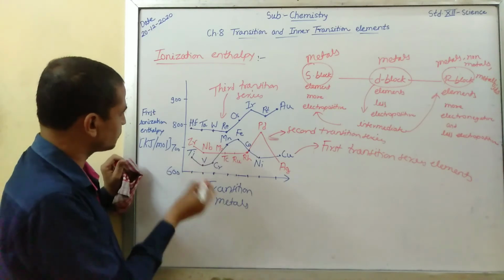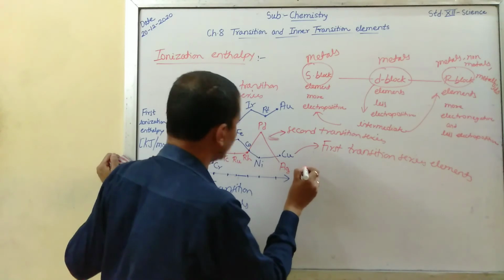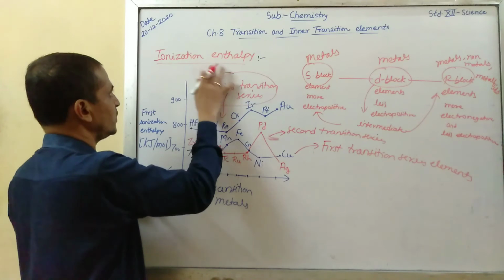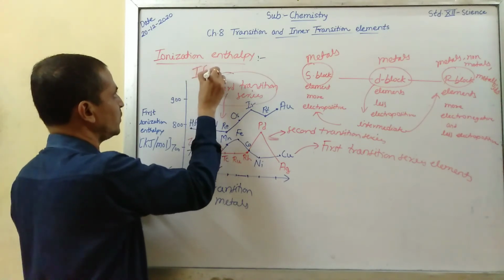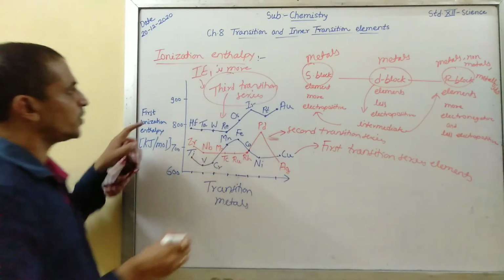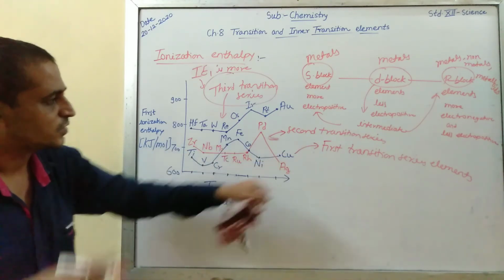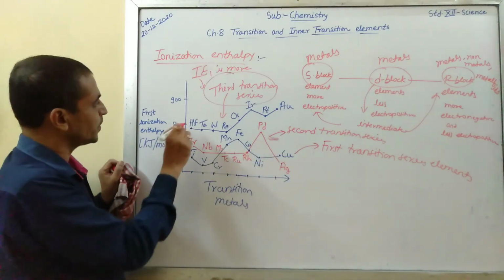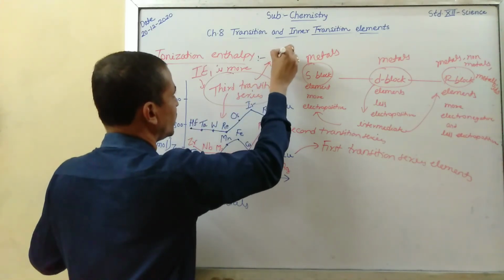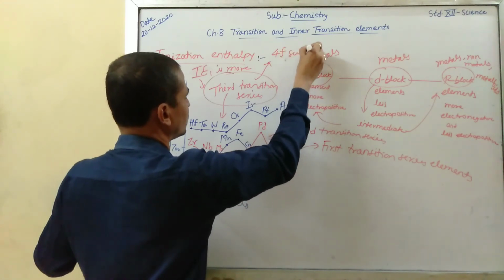But see here, the first ionization enthalpy, shown by IE1, is more in the case of the third transition series as compared to the first and second transition series. What is the reason behind that? Because this third transition series contains a filled 4f subshell.